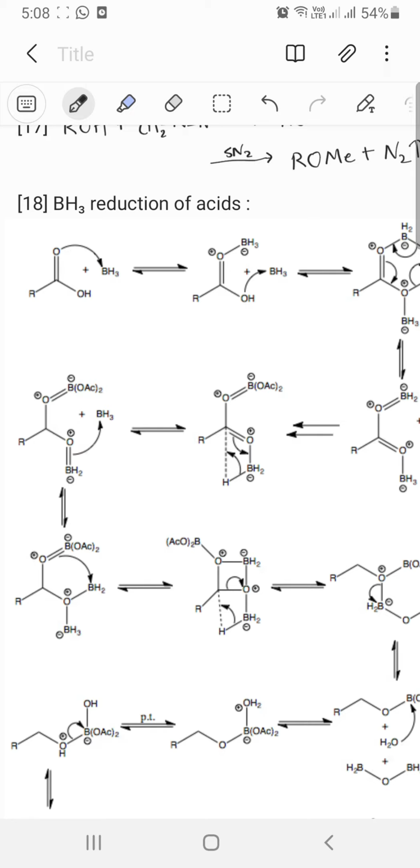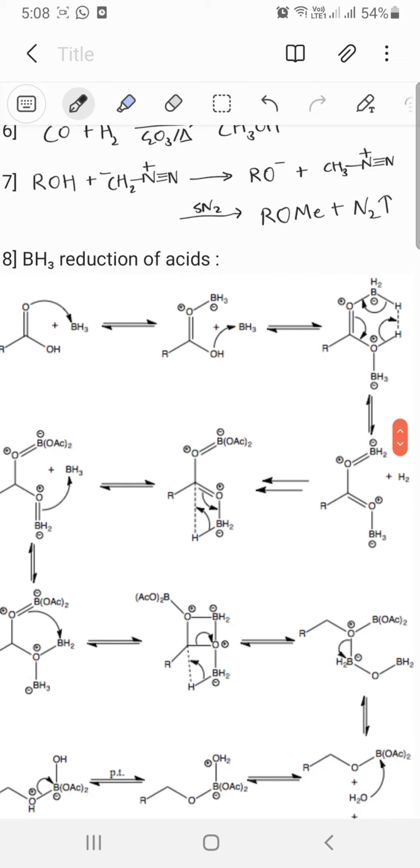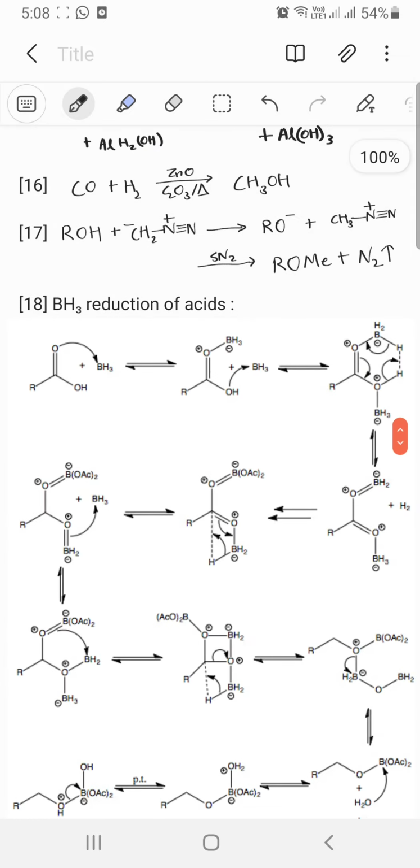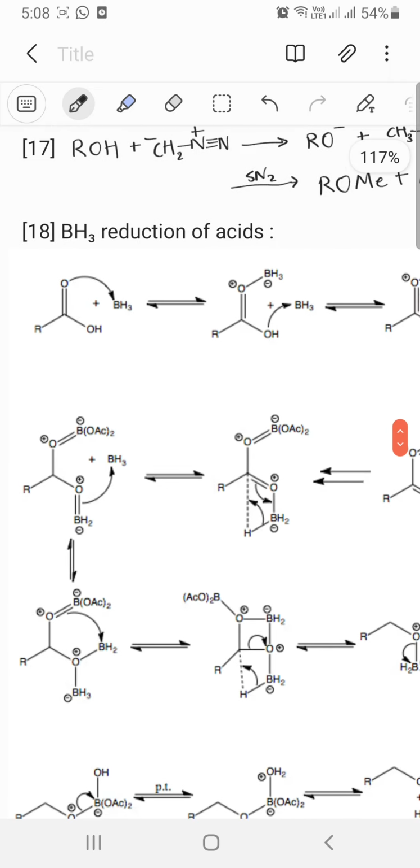So first you just coordinate and you have this thing created, and after that the hydrogen is removed. After that you have this thing.